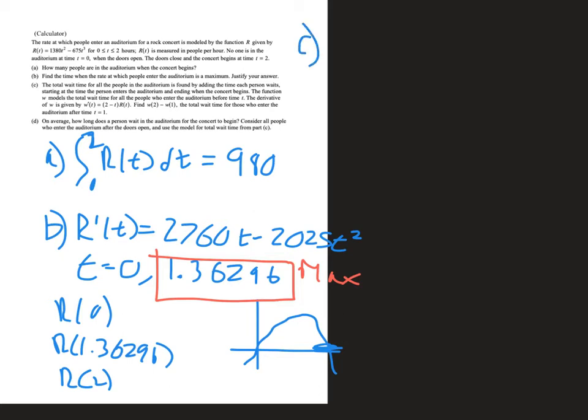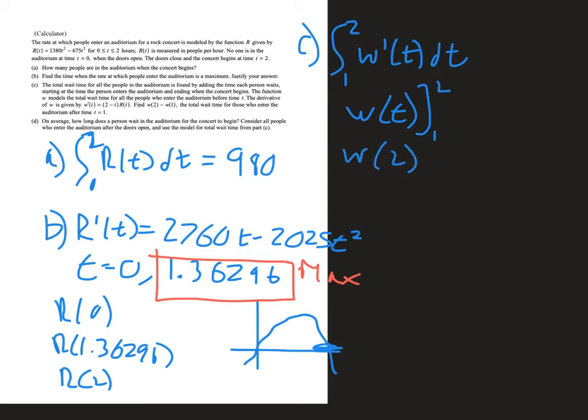part C here, if we take the antiderivative from 1 to 2 of W prime of t, when you take an antiderivative, you get the original function, and then you plug in the endpoints. So you get the antiderivative, W of t, have your endpoints, plug them in, and you get W of 2 minus W of 1.